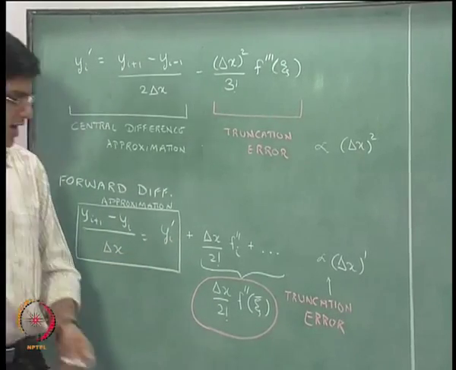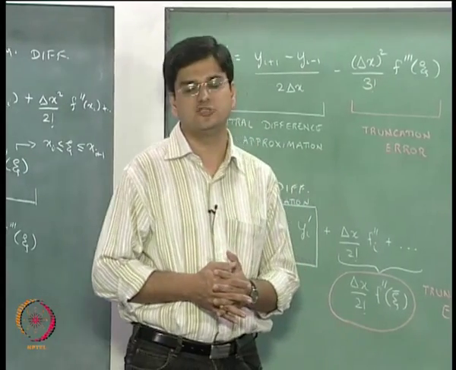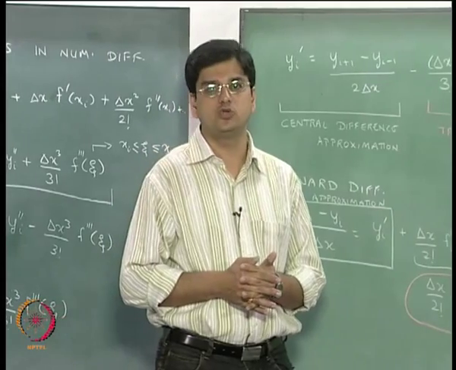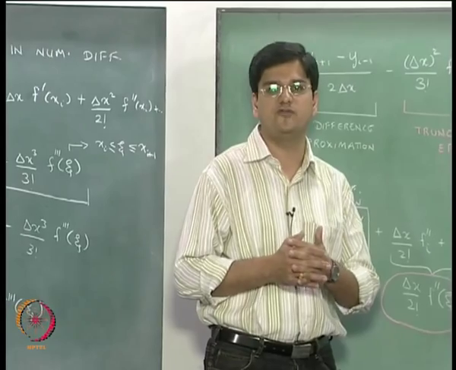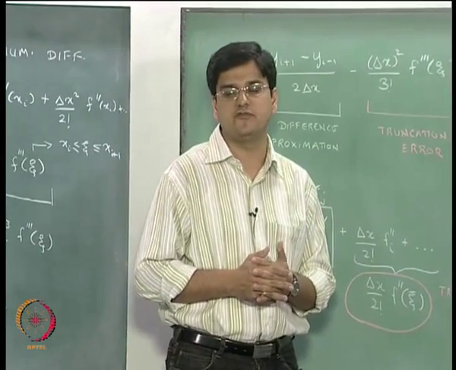Okay. So at this stage we will end lecture 1 of module 6. What we have covered so far is forward and central difference approximation for the first derivative of any function f of x.